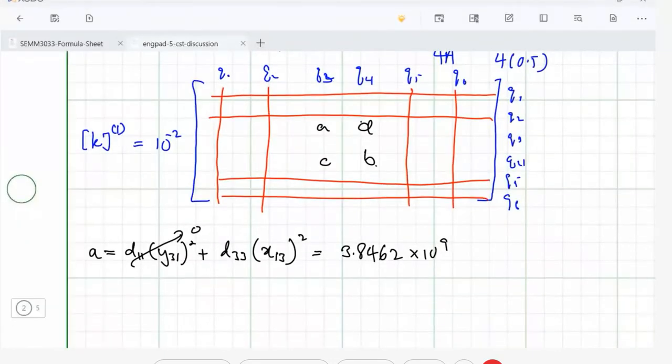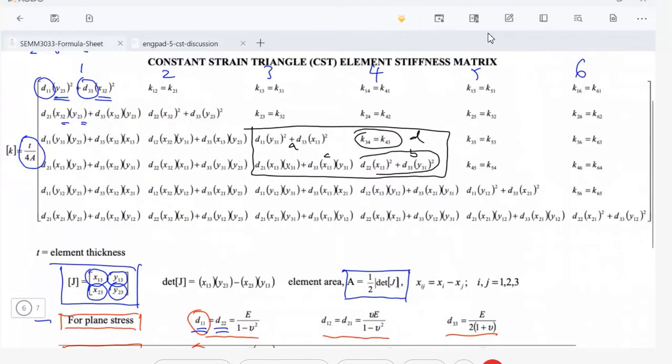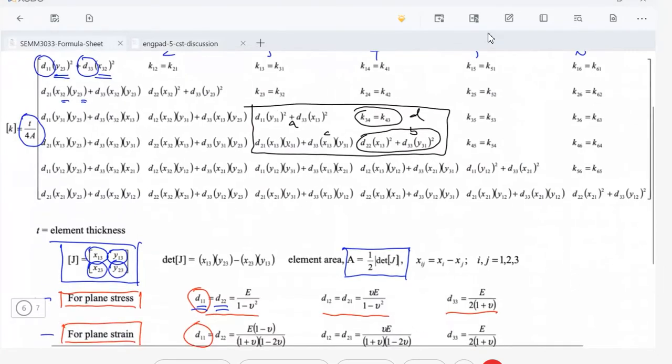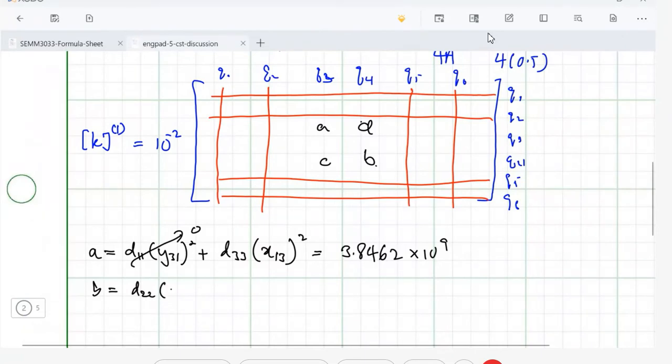How about B then? If you take a look at the formula, that's our B. So B is just D22 x13 square plus D33 y13 square.